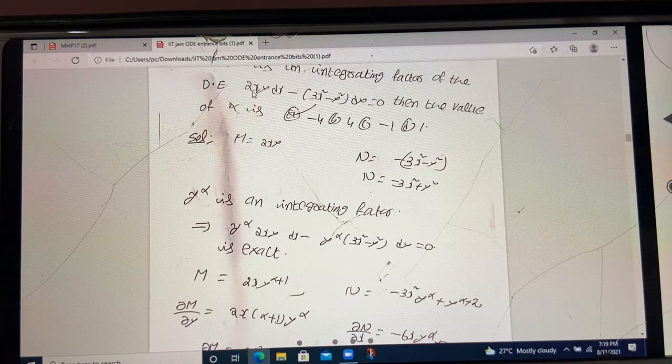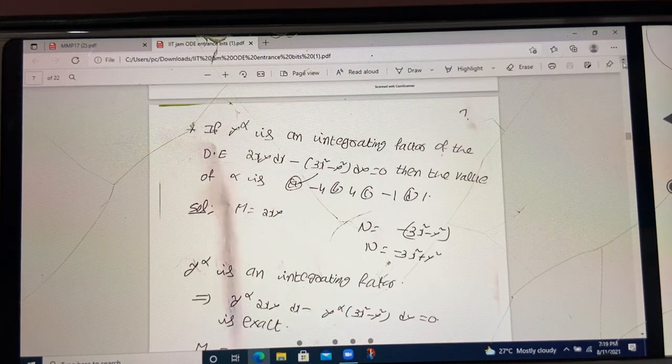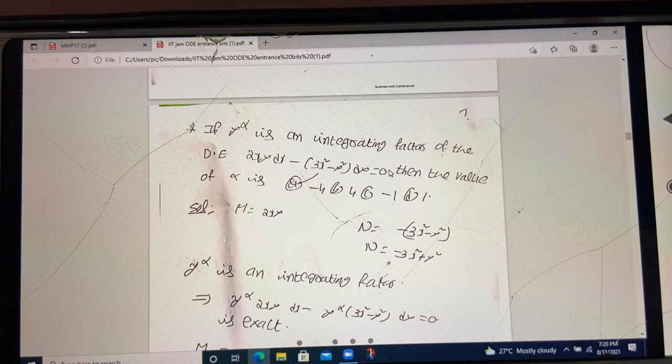So what you have to do? Multiply by the integrating factor, then get M and N, differentiate, equate, and get alpha. Another way, coming from the options, is very lengthy. If I take alpha equal to minus 4 and multiply by y power minus 4, and it becomes exact, then only it is an integrating factor.